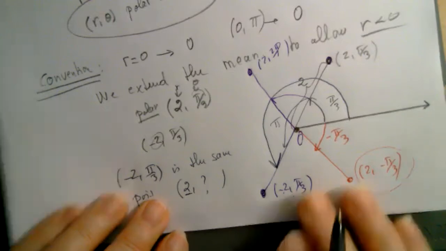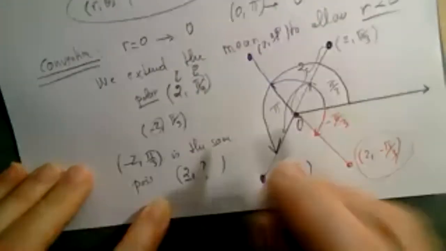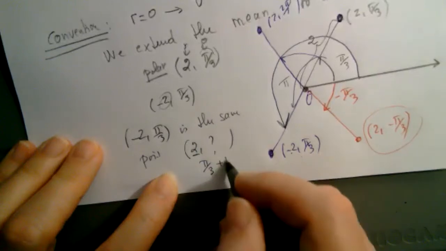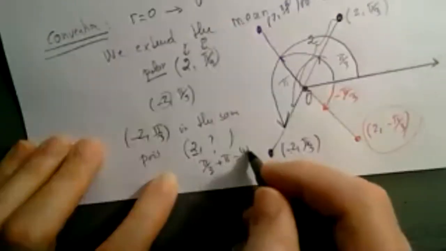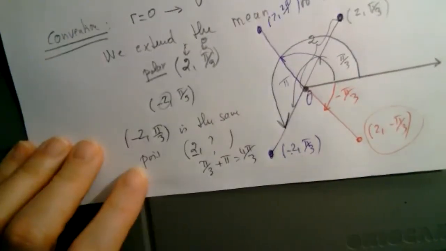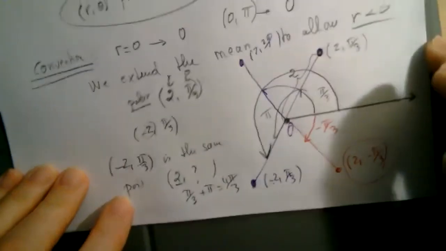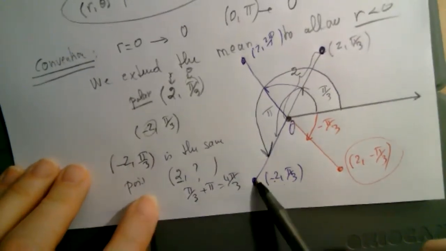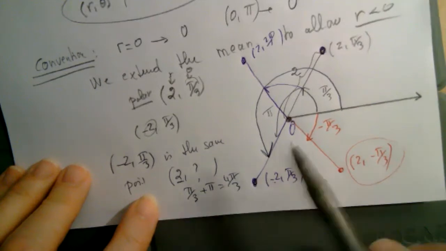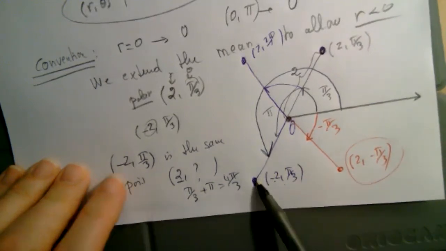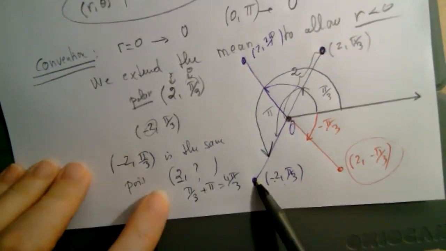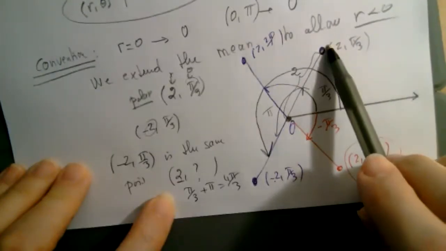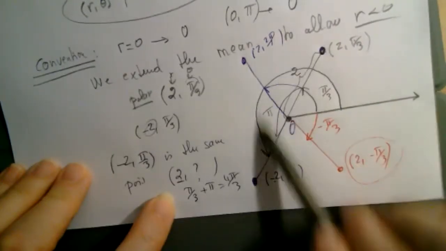That would be the correct answer. So it's going to be 2, and I will draw it right here, with angle pi over 3 plus pi, which gives me 4 pi over 3. So the point (-2, pi over 3) is actually the same as the point (2, pi over 3 plus pi).